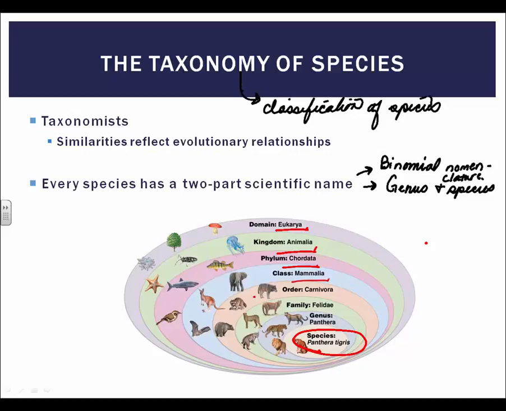Then they're mammals, right? They have fur. They give birth to live young. They have mammary glands and produce milk. Then they're in the order Carnivora, the order with all the meat eaters. And then they're in the family of cats, Felidae, and then the genus of leopards and lions and tigers. So that makes sense as far as the division, hopefully.